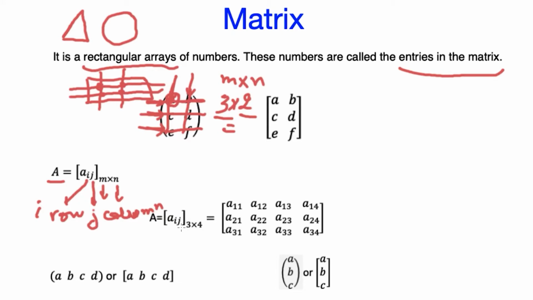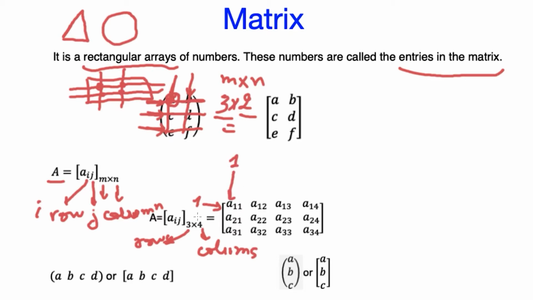For example, if we have a matrix with three rows and 4 columns, this matrix can be represented like that. So we have here a11, at the first row and the first column.